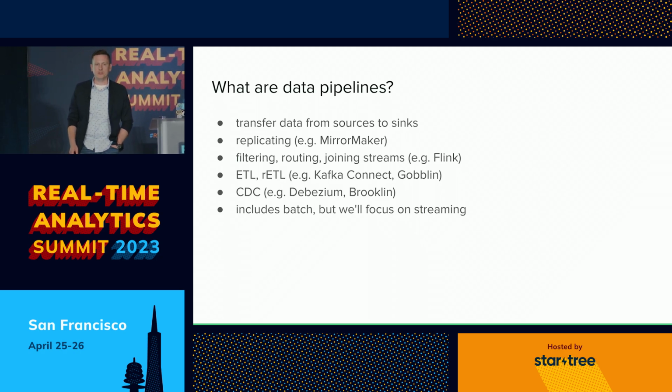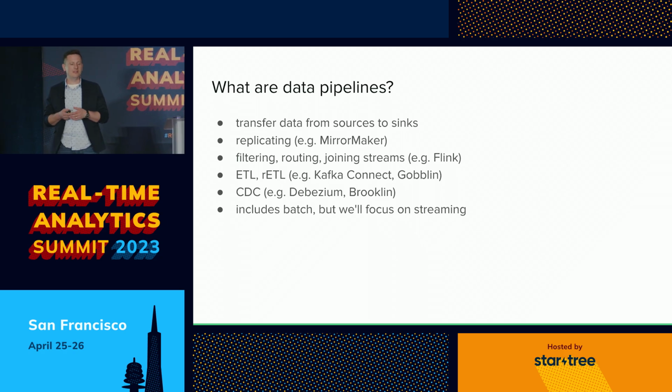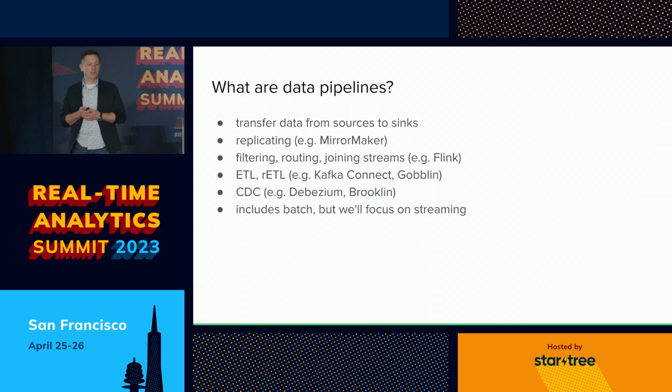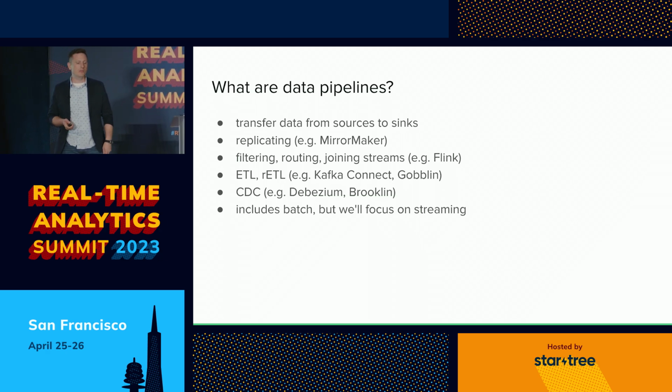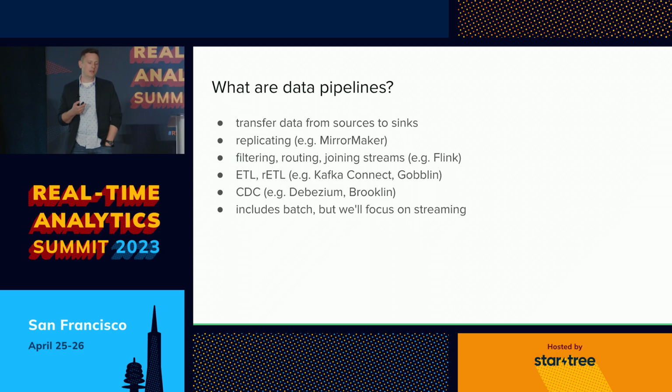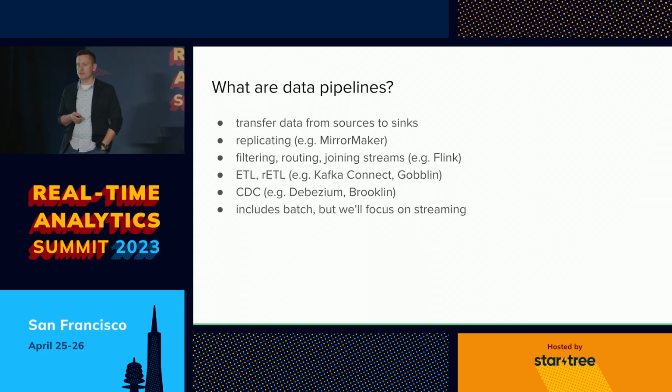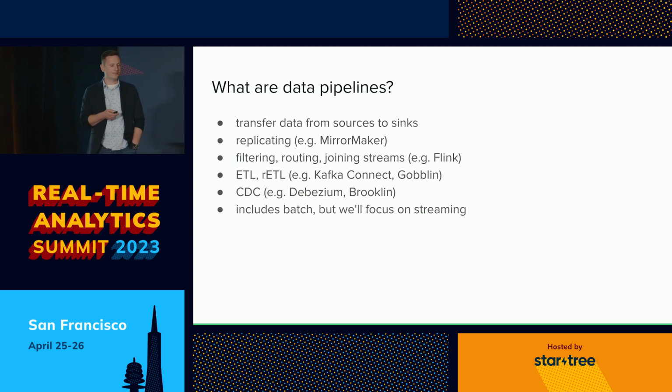Data pipelines basically are things that transfer data from sources to sinks, like between databases, that sort of thing. Data pipelines can involve replication with something like Mirror Maker. They can include filtering, joining, routing, message transformations with things like Flink.